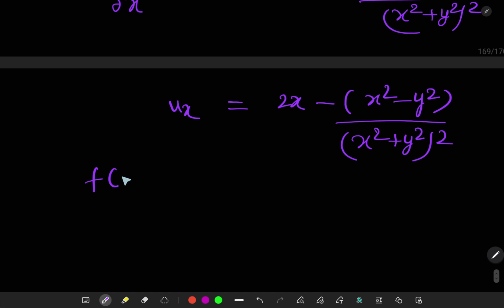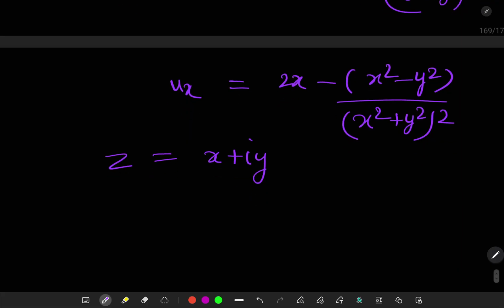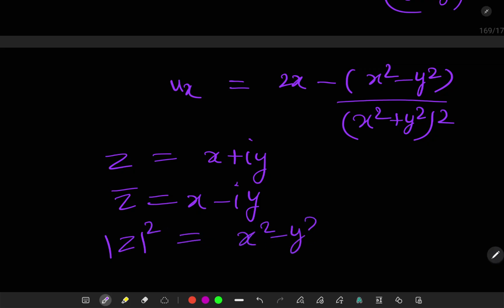As we know that f of z is equal to x plus iota y, and their complex conjugate is equal to this. And if we take this value, this equals to this, as we know that.